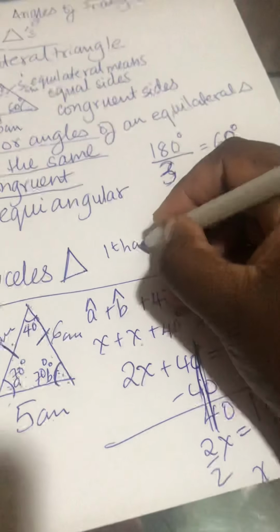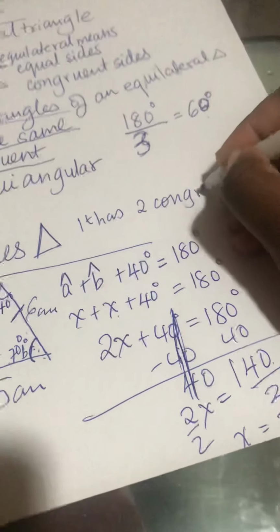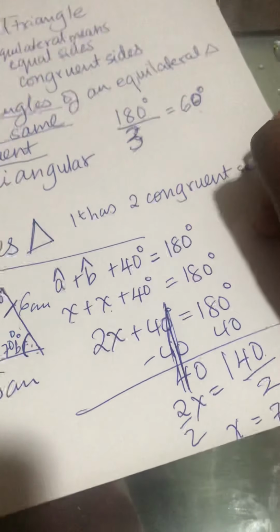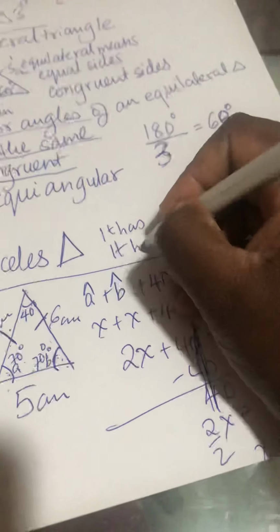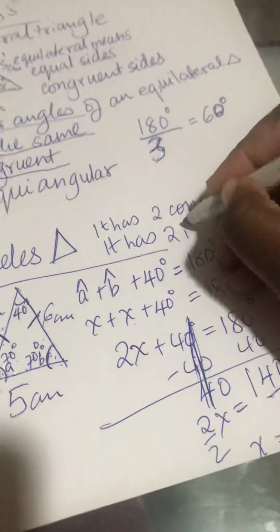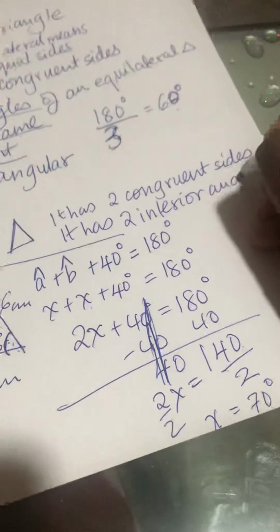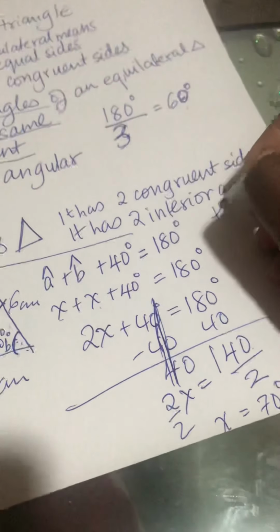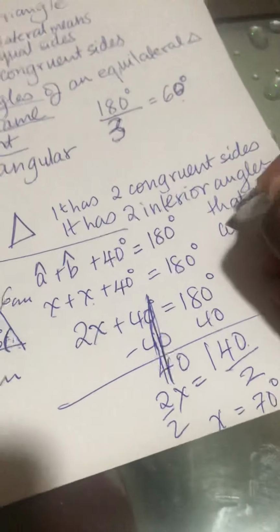It has two congruent sides. It has two interior angles that are congruent.